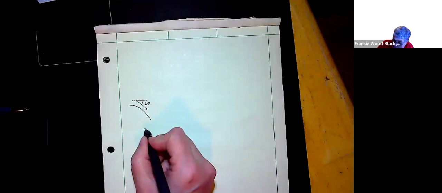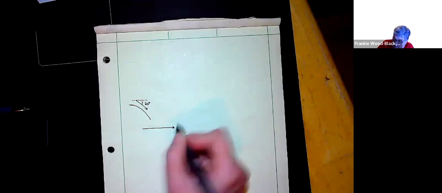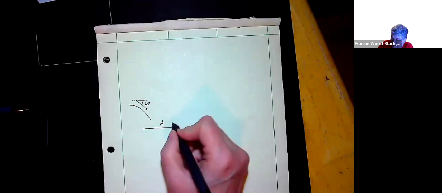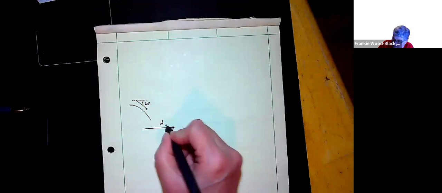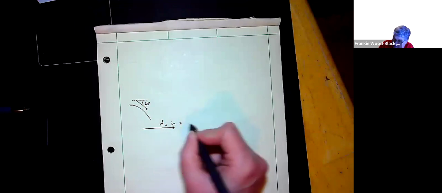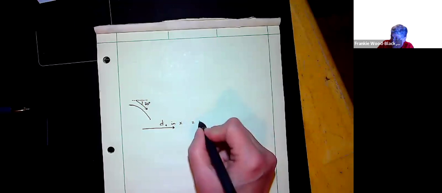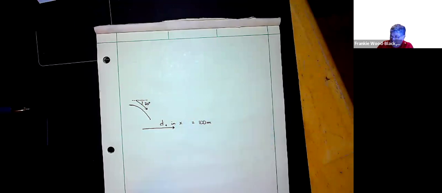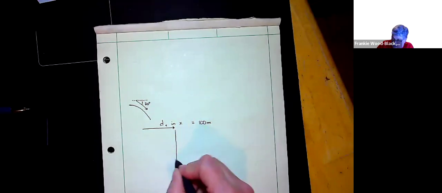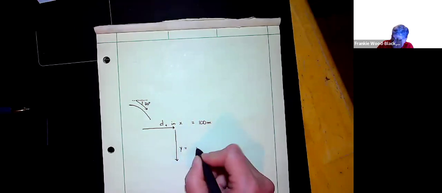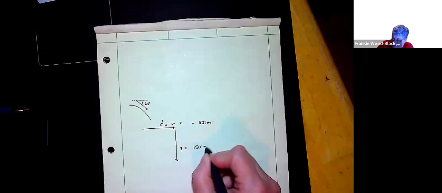But we're told that the distance traveled in the x direction is equal to like 100 meters. And then we're also told that the distance traveled in the y direction, we'll say, is 150 meters.